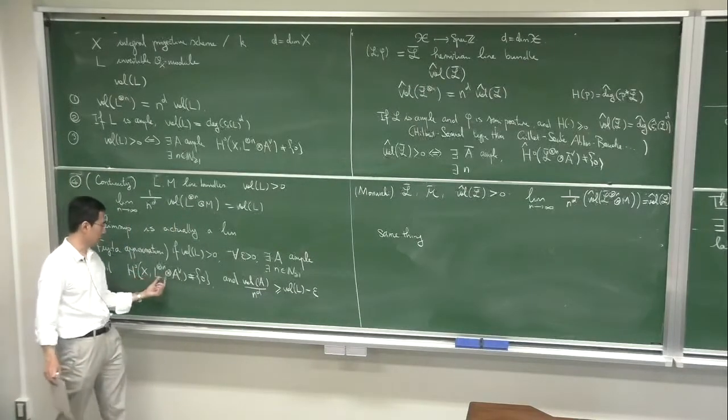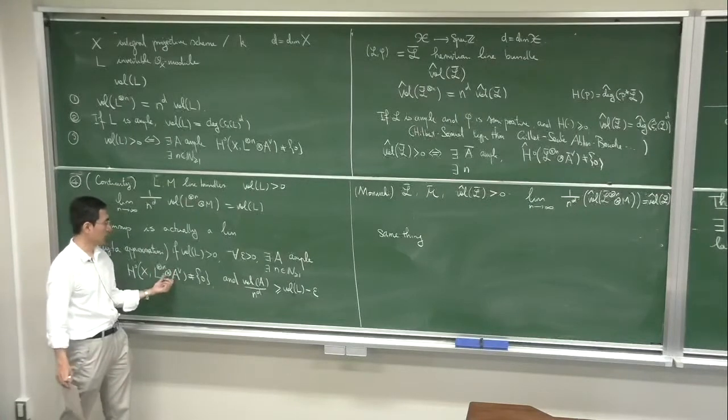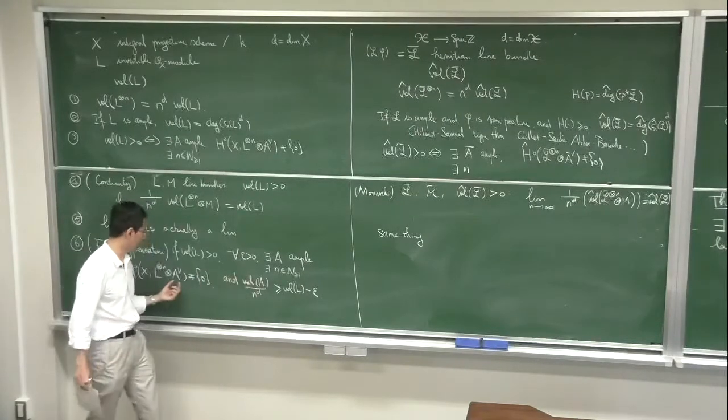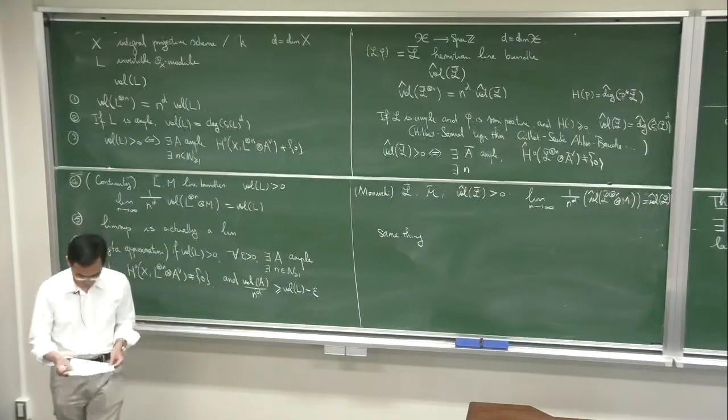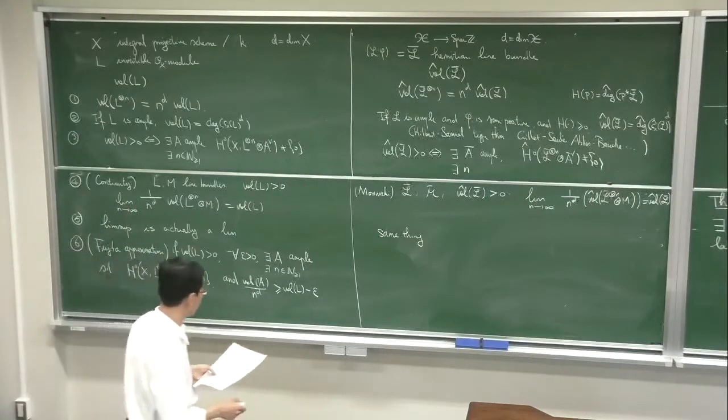So not only such a thing contains some ample line bundle, but also such an ample line bundle gives a volume which is very similar to that of L to the power n.